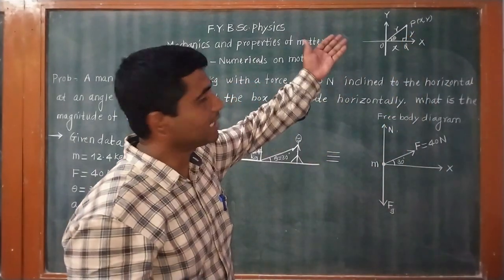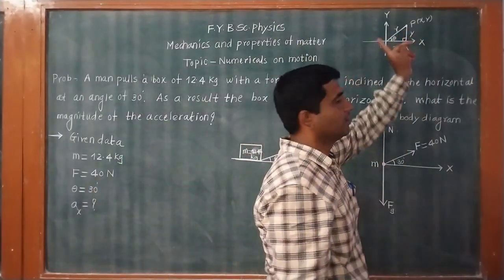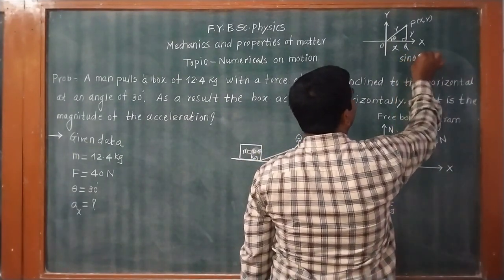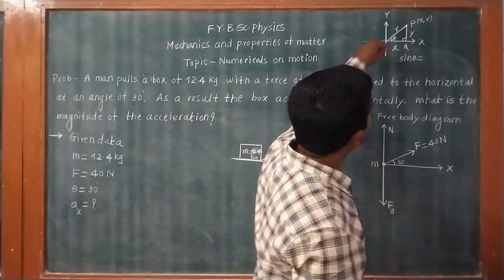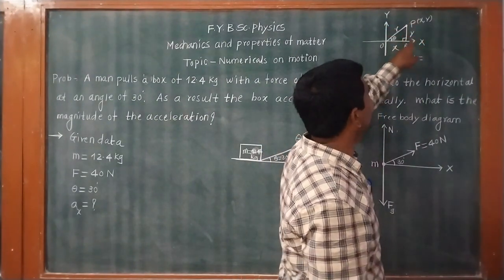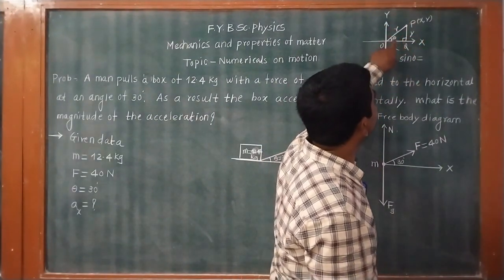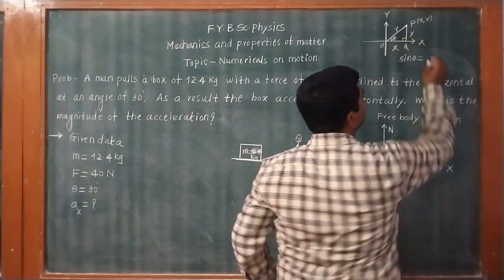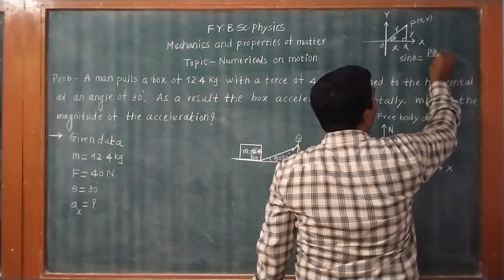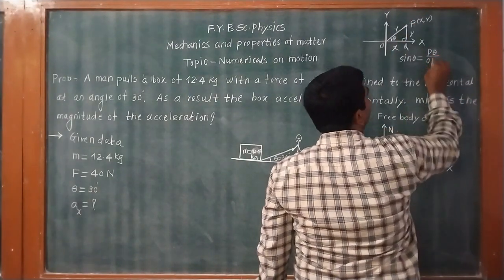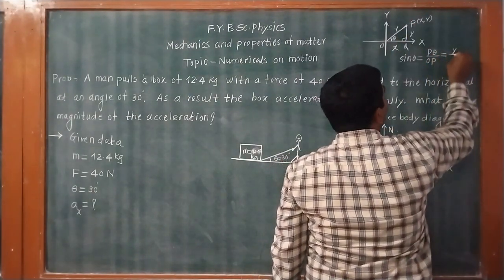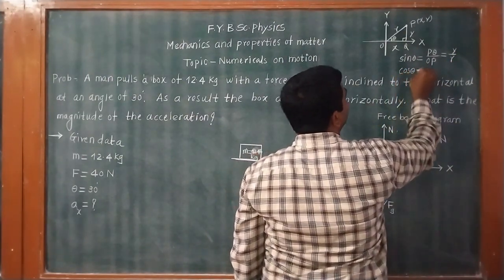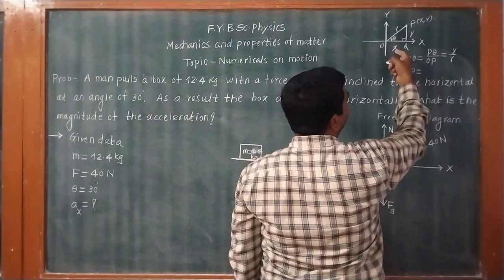If I use a trigonometric function in this triangle and ask you to find sine theta, sine theta is opposite side upon hypotenuse. The side opposite to theta is PQ, which is y, and the hypotenuse is OP, so it is y upon r. Similarly, cos theta is adjacent upon hypotenuse.